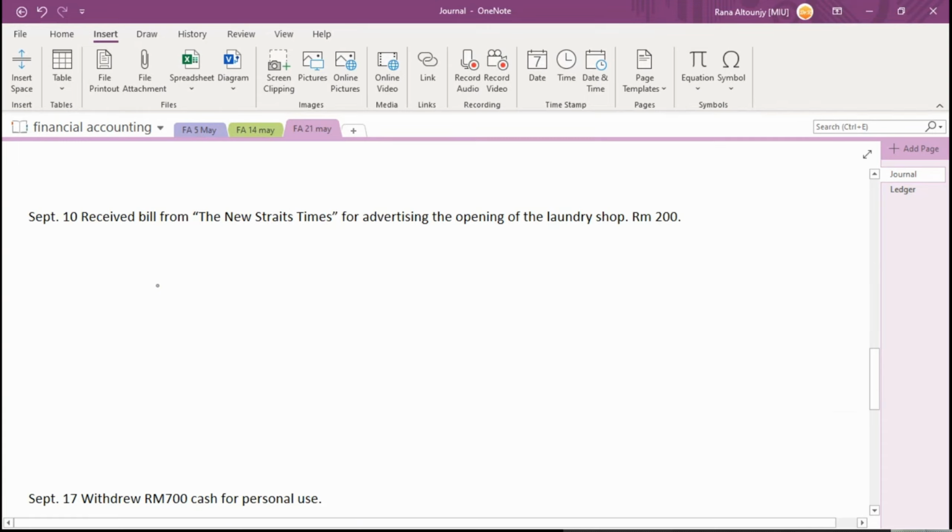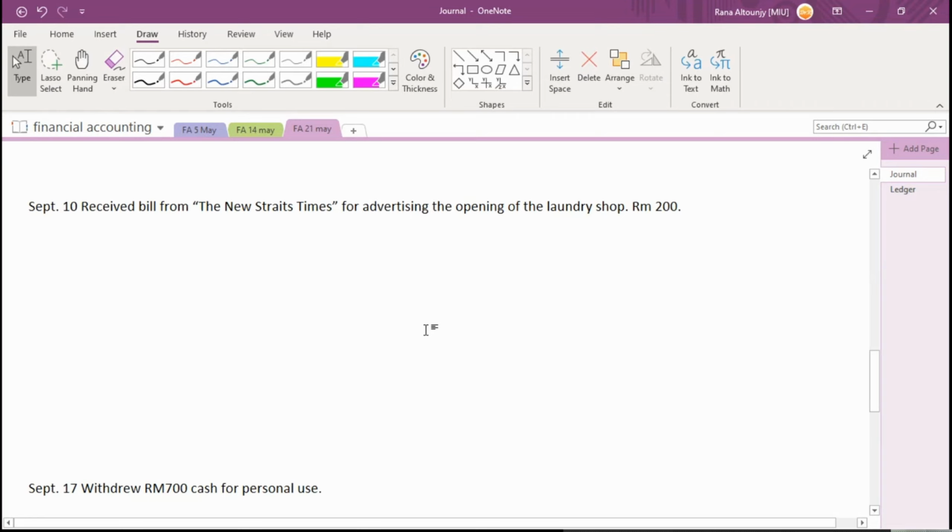This transaction, September 10: received a bill from the New Straits Times for advertising the opening of the laundry shop, 200 ringgit. So September 10, we have the debit side, which is advertising.